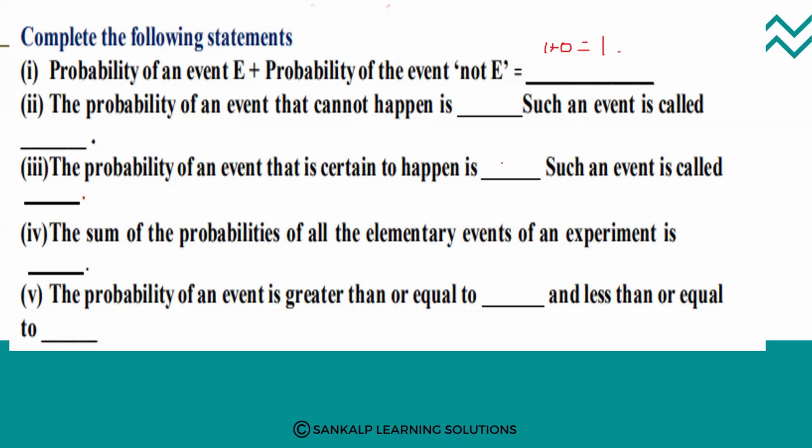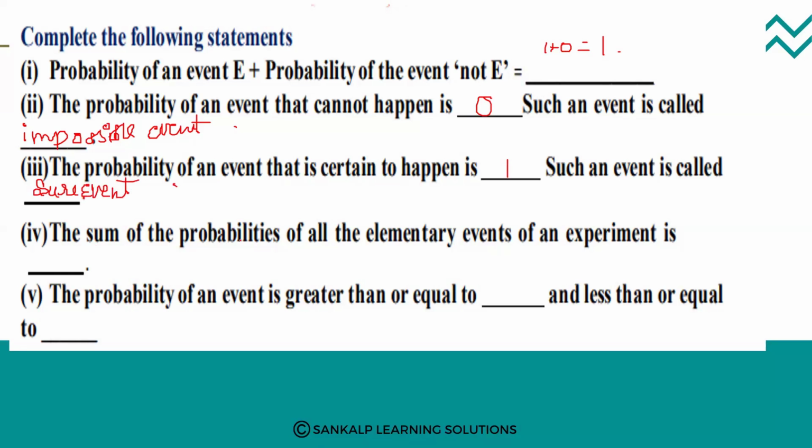The probability of an event that cannot happen is 0. Such an event is called impossible event. Next, the probability of an event that is certain to happen is 1 and such an event is called sure event.